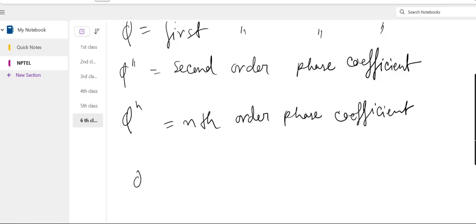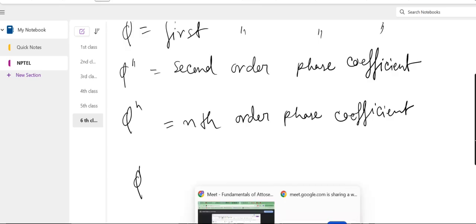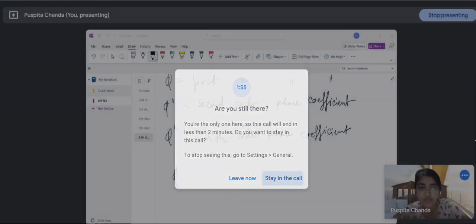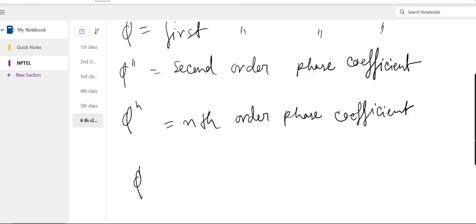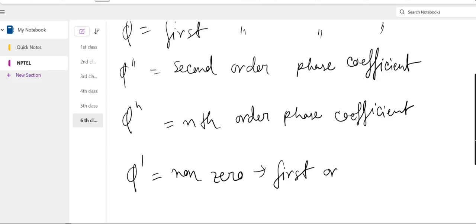So if phi dash is non-zero, then first order dispersion will happen.